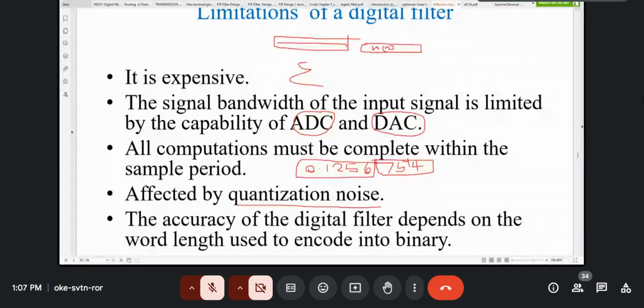And it can be short. For example, if you are sampling at 44 kilohertz, assuming you are dealing with an audio signal, which goes up to 22 kilohertz, you'll be sampling at 44 kilohertz. So you'll be talking about a very small period, 1/44 kilohertz, and all computation must be complete within that period.